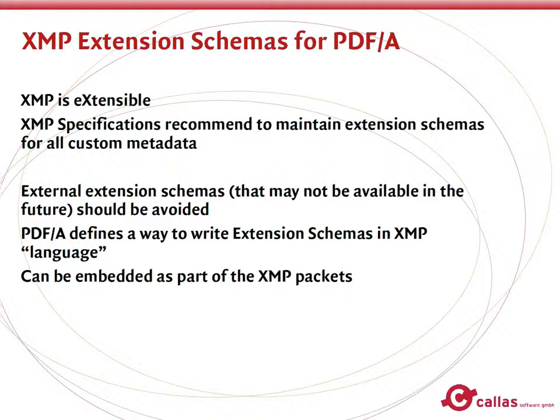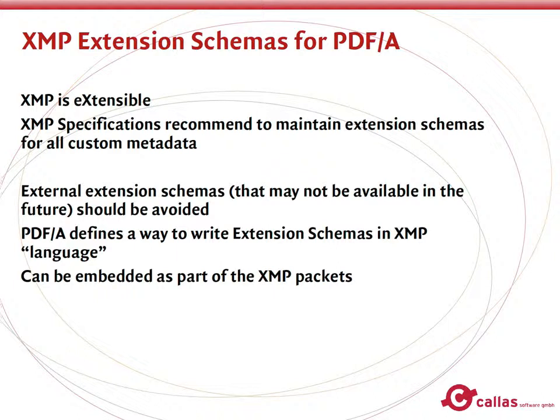Okay, extension schemas for PDF/A. What is an extension schema? So XMP is an abbreviation for extensible metadata platform. Important is it's extensible, so that you can define your own private metadata, your own custom metadata.